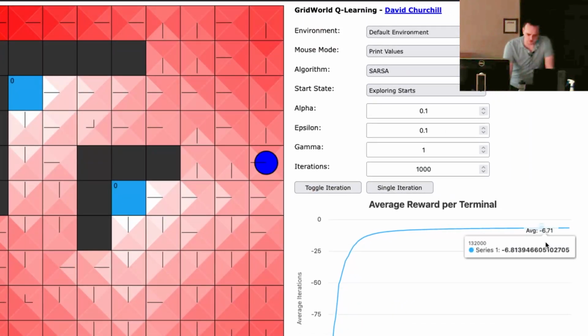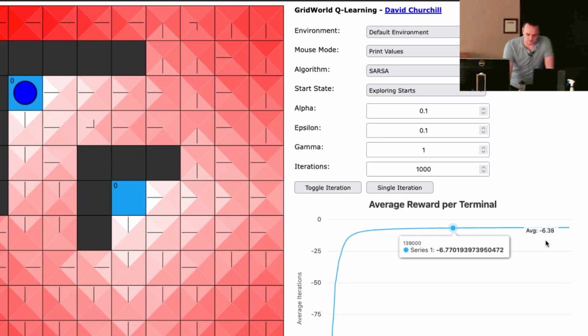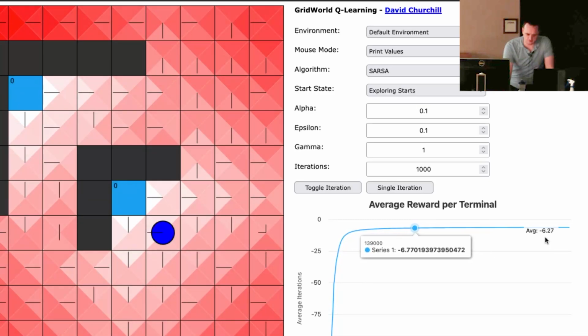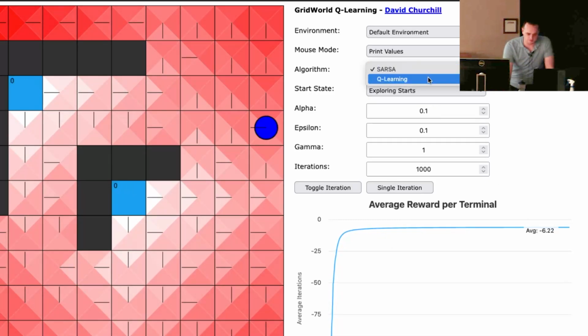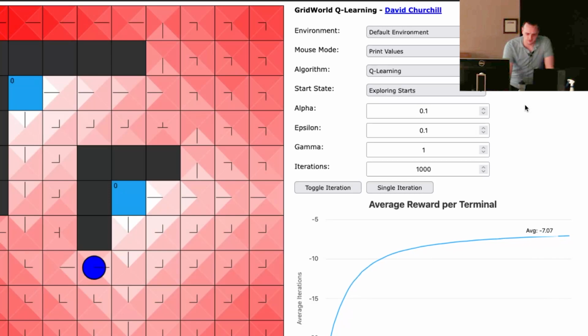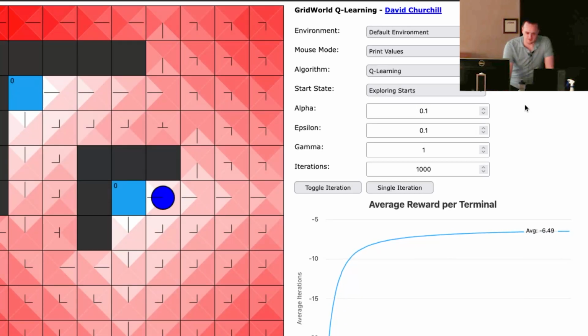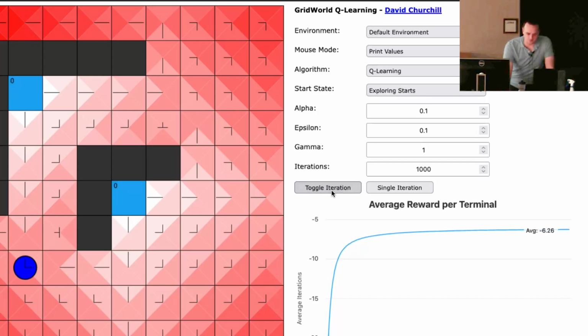What is this value? It says approximately -6. If I switch this to Q-learning, it's about the same. So why are they the same for this one, but not for the cliff? It's because in this one, every action has the same reward.